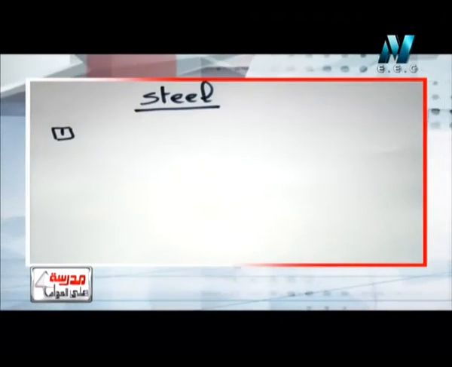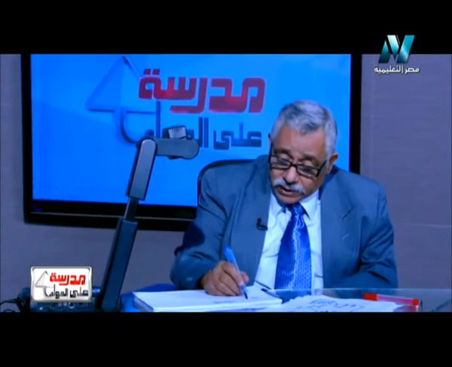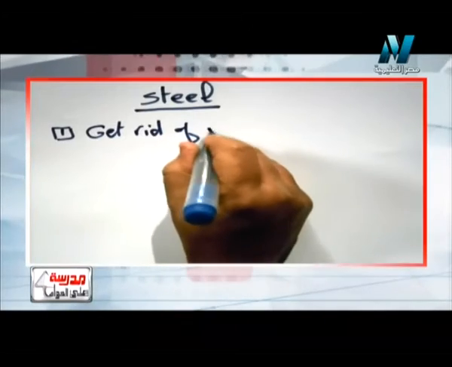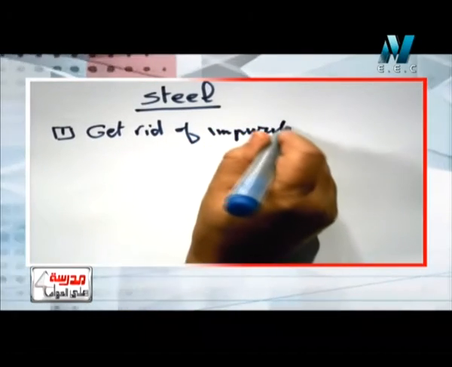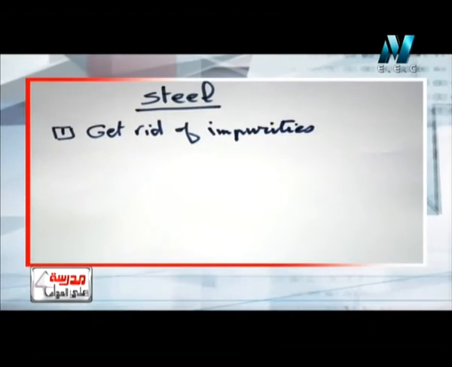Number one, get rid of impurities mixed with the iron which comes from the blast furnace or Midrex furnace. This process occurs inside the furnaces producing steel.